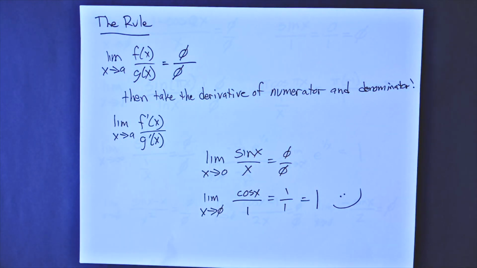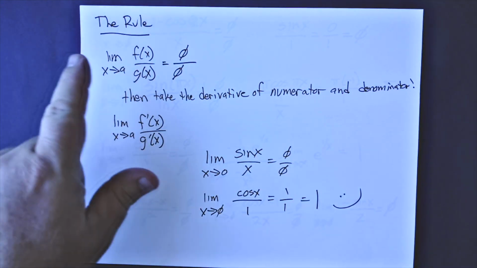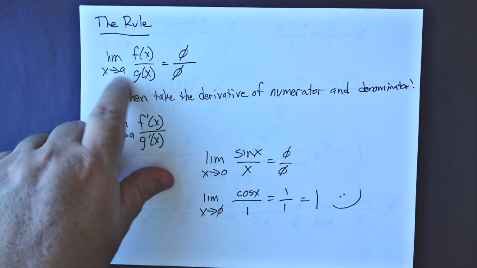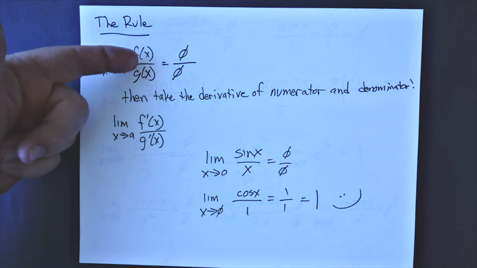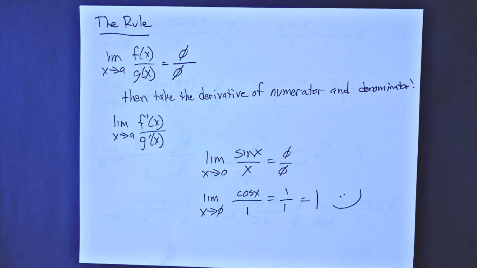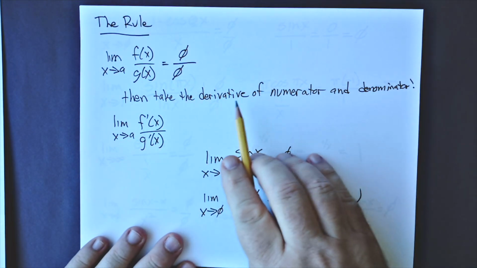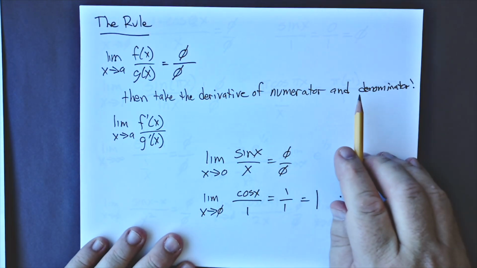So the rule is simply, and it's very easy, my friends, if you have a limit of x going to some value a of a function over another function, and that answer, when you take the limit, is 0 over 0, you can then take the derivative of the numerator and the denominator separately.